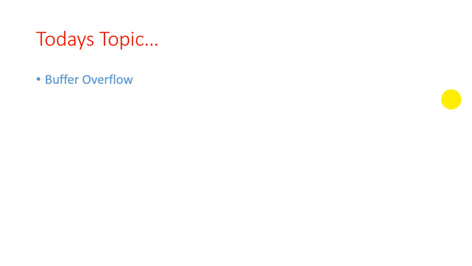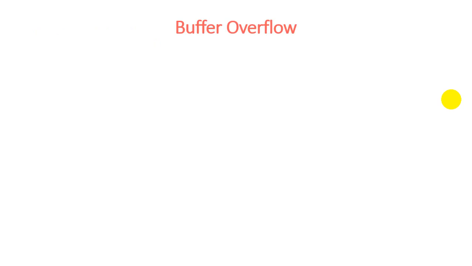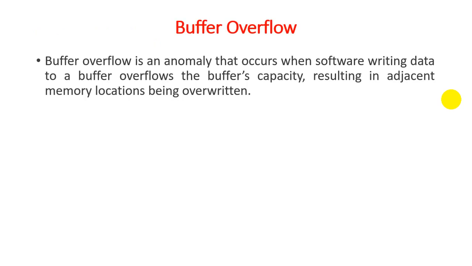Buffer overflow is an anomaly that occurs when software writing data to a buffer overflows the buffer's capacity, resulting in adjacent memory locations being overwritten. As an IT student, think of a buffer as memory through which a website is rendered at a primary level.